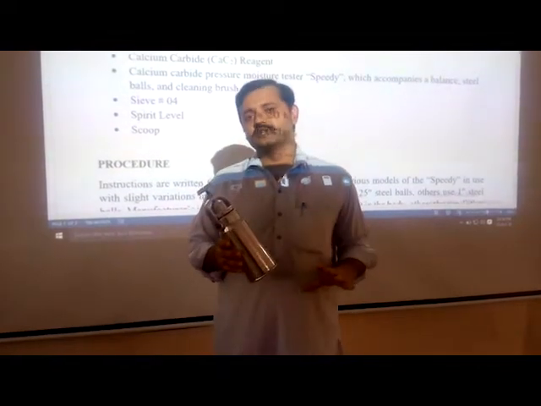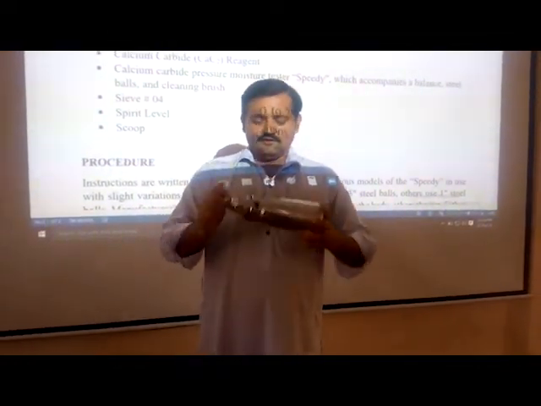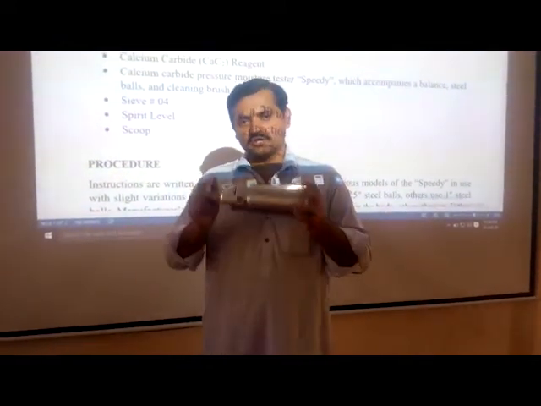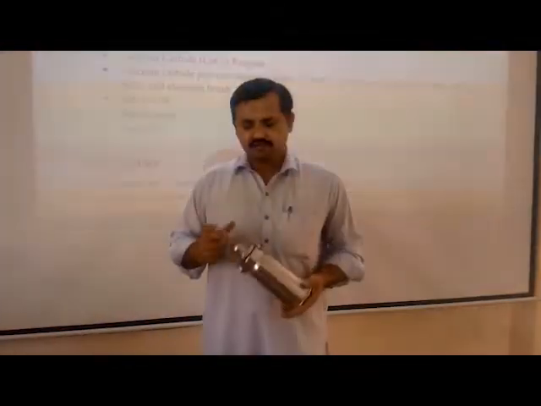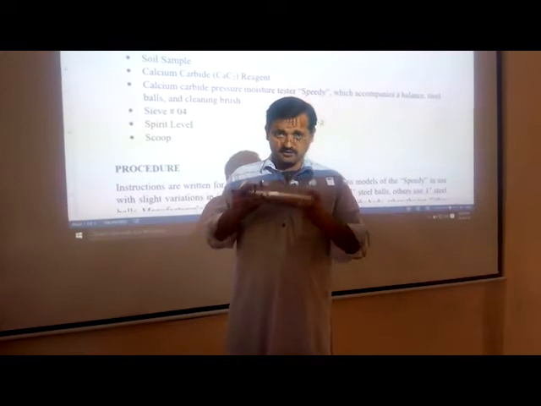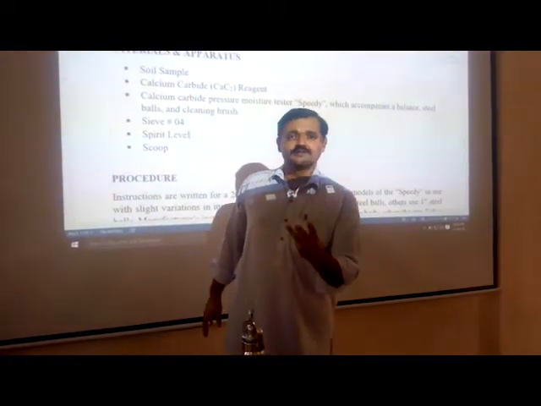Now for how long will this procedure be continued? For each 10 seconds of rotational motions, there will be a 20 seconds gap, and this process of motion and rest will be continued for 3 minutes.